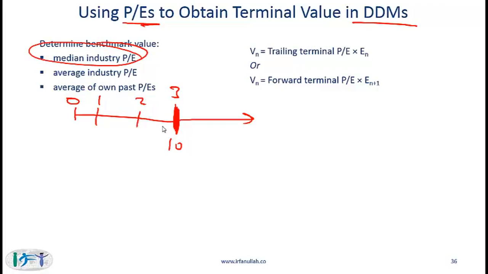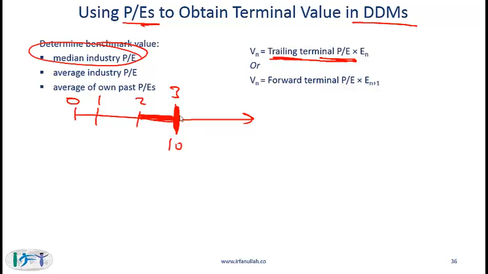And then you say, okay, you expect the earnings over this period to be a certain number for your target company. Notice that here I'm saying trailing terminal PE. If you are doing your terminal value at the end of year 3, and you use earnings for year 3, then you take the terminal PE, which is the trailing terminal PE, and I hope you see why it's called trailing terminal.